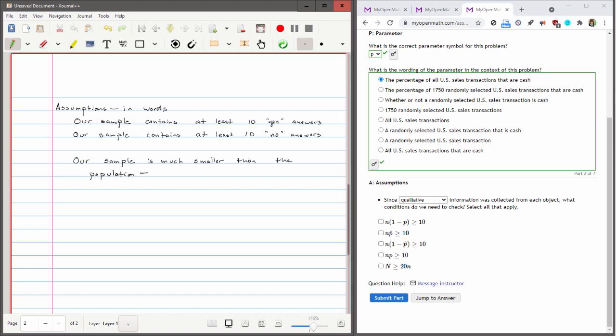And the rule that we give for being much smaller is that the population is 20 times as big as the sample, or more. Okay, so these are the assumptions that we're actually checking. But we're not writing the assumptions in words. We're writing the assumptions in mathematical symbols.